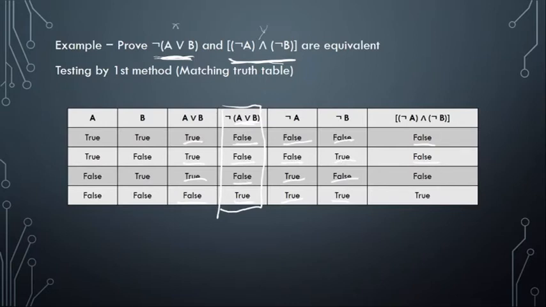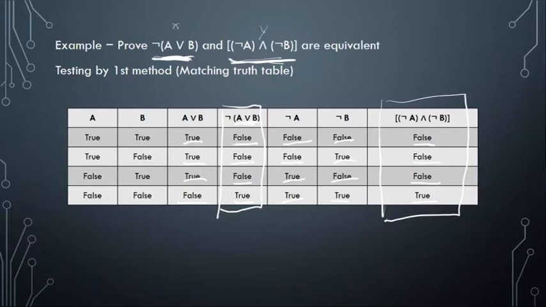True and false is false again. Then true and true returns true. If you take a look at this proposition and this proposition, the return values are equivalent: false, false, false, true, and false, false, false, true. So these two propositions, not (A or B) and not A and not B, are propositionally equivalent.